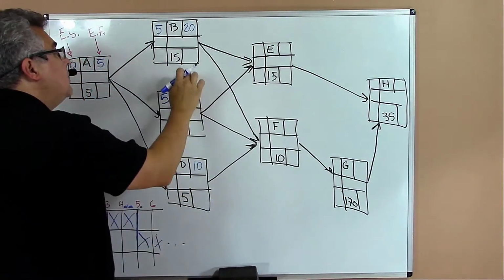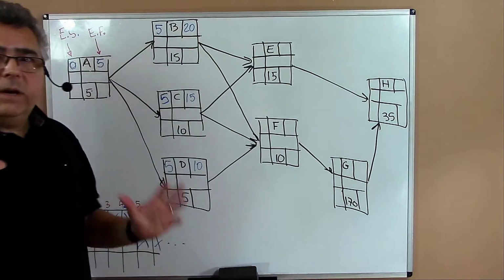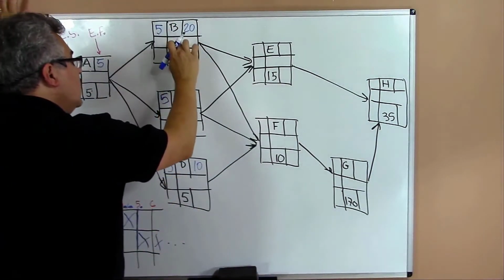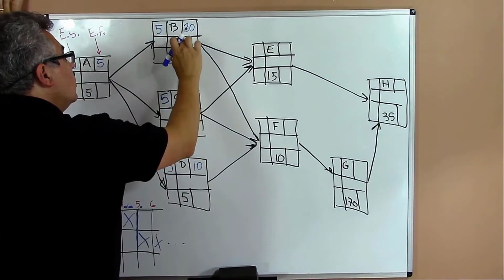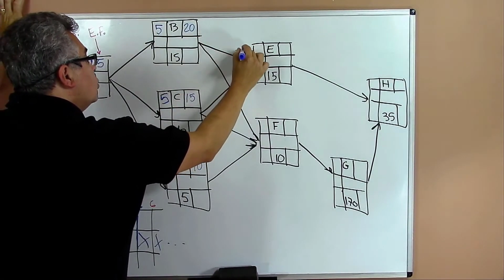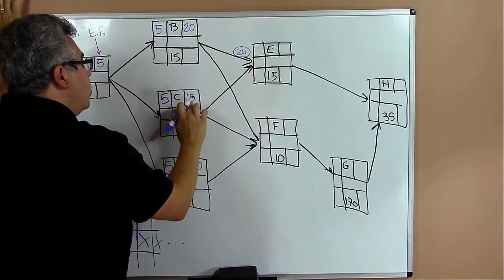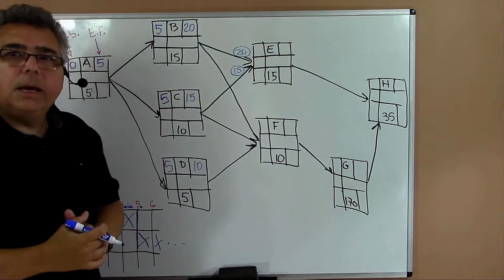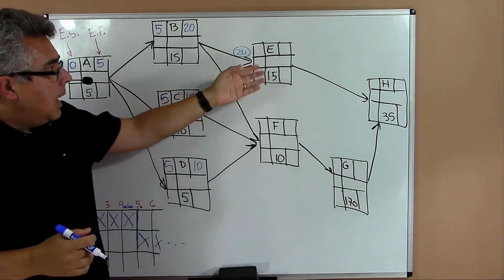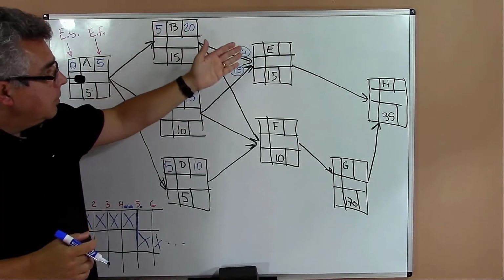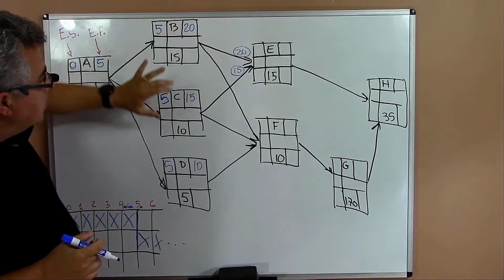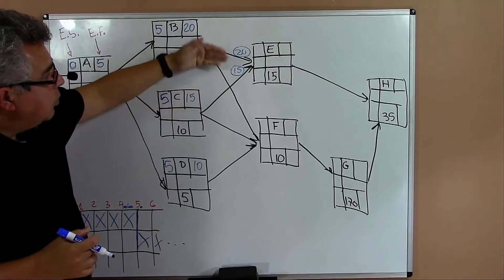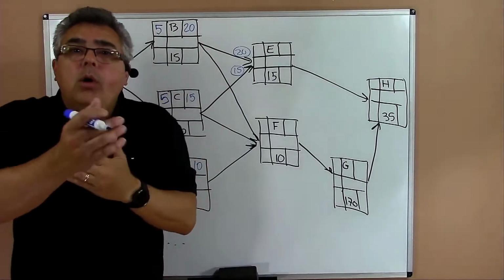Activity E. Now I have something to think about. Activity E has to wait for B and C. B will be finishing on day 20. C will be finishing on day 15. Because E has to wait for the conclusion of tasks B and C, I have to wait for the longest period.